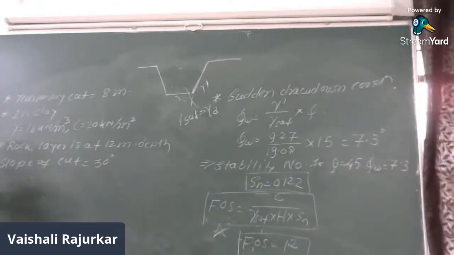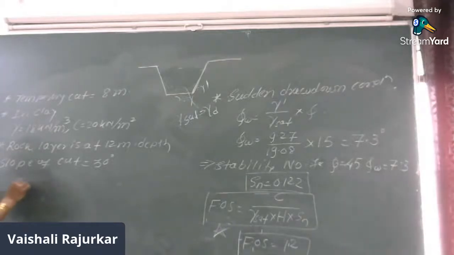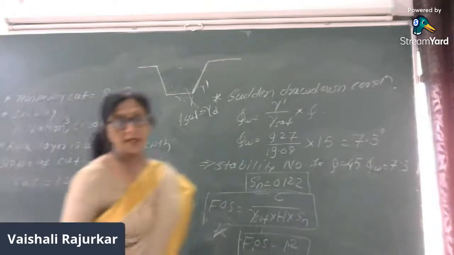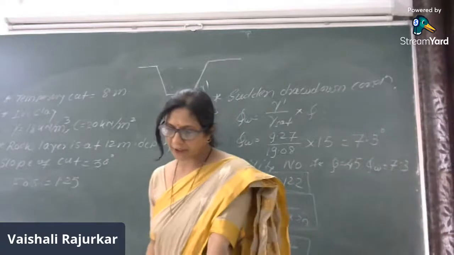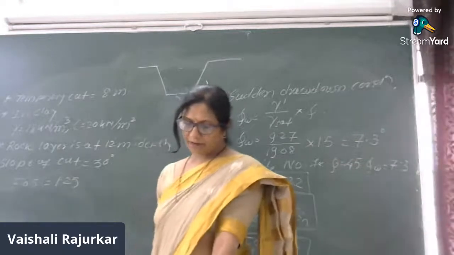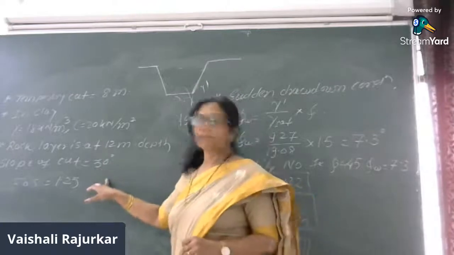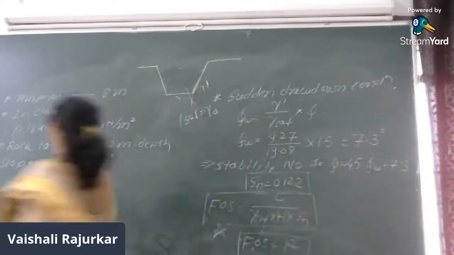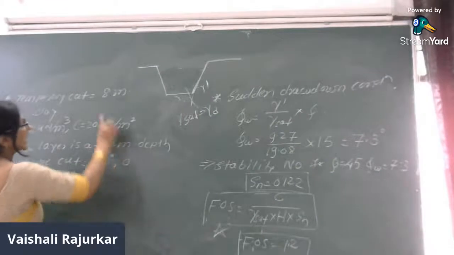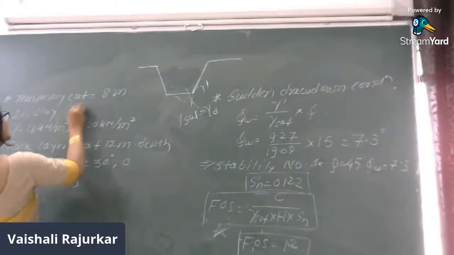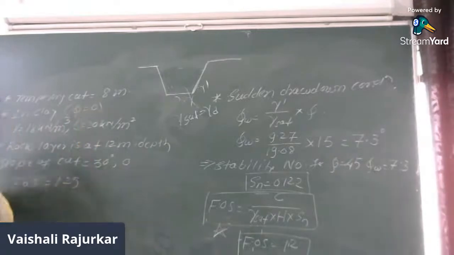And the factor of safety is given in this numerical. Here you have to find a safe slope. Now, for this slope of 30 degree and phi is 0, as the soil is a completely clay soil.